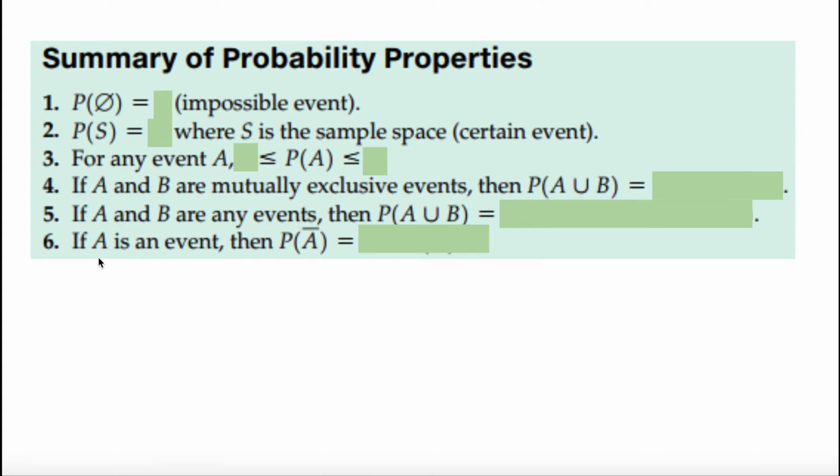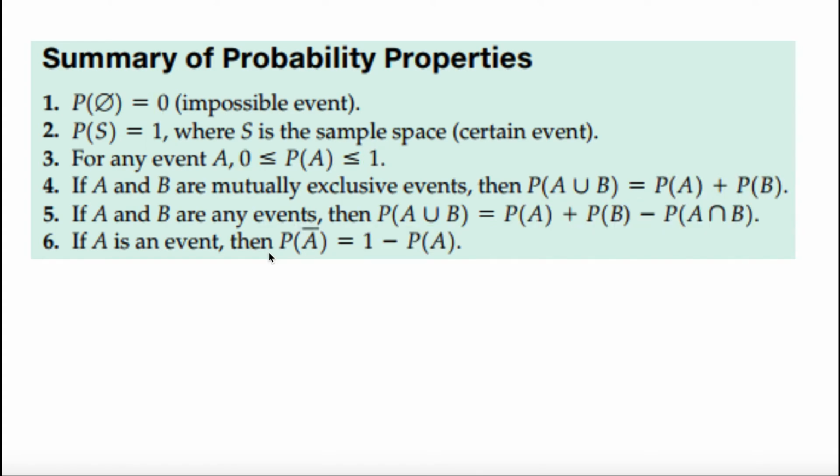If A is an event, the probability of the complement of A should be 1 minus the probability of A, because when you add the probability of A and its complement, it's always 1. Okay, so here is the answer. Write this down on your paper. It's very important to understand and remember, because you're going to use this heavily to solve all the probability questions.